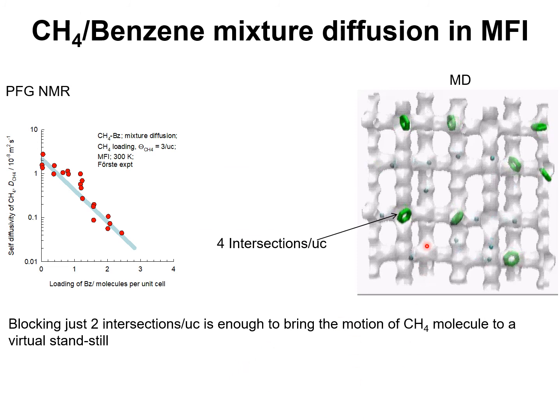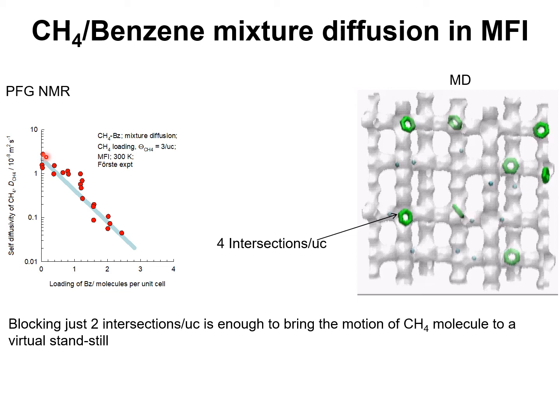Let's have a look at a mixture of benzene and methane. Methane has a higher mobility, but the path it follows is restricted due to the fact that the benzene molecule is blocking the intersection sites. This is experimental data on the self-diffusivity of methane with increased loading of benzene.